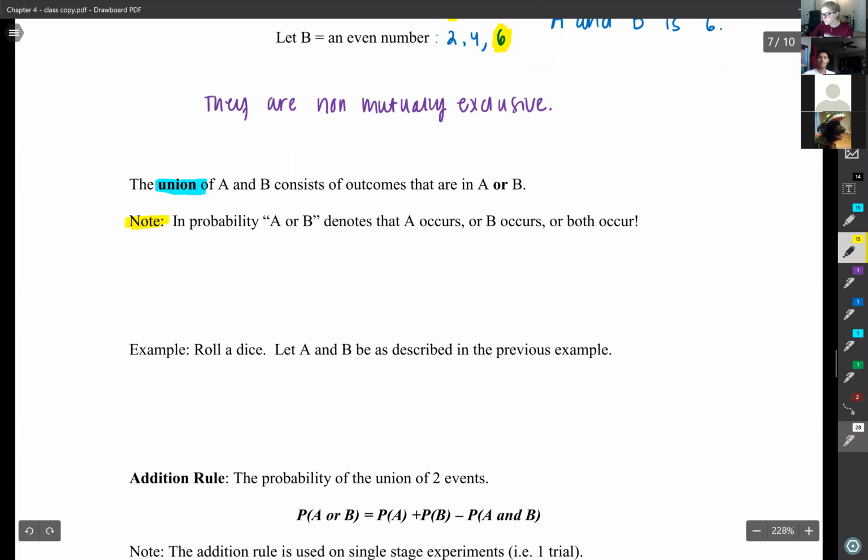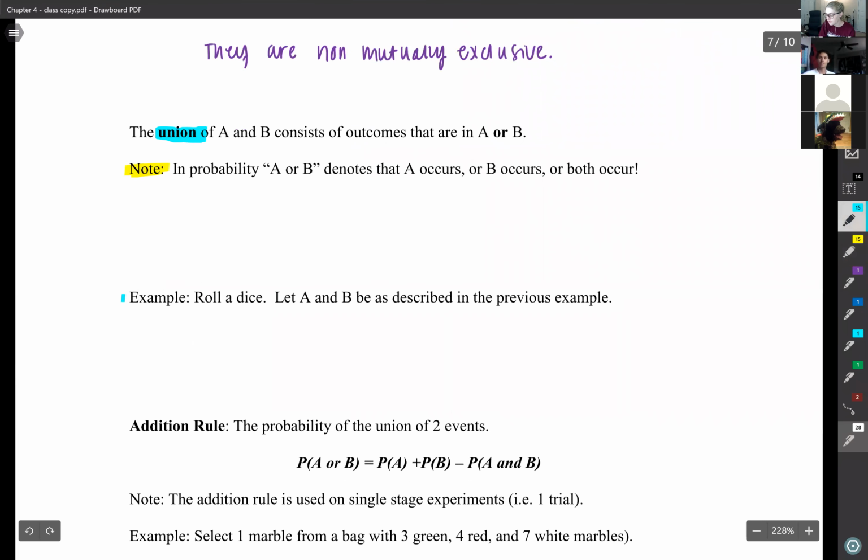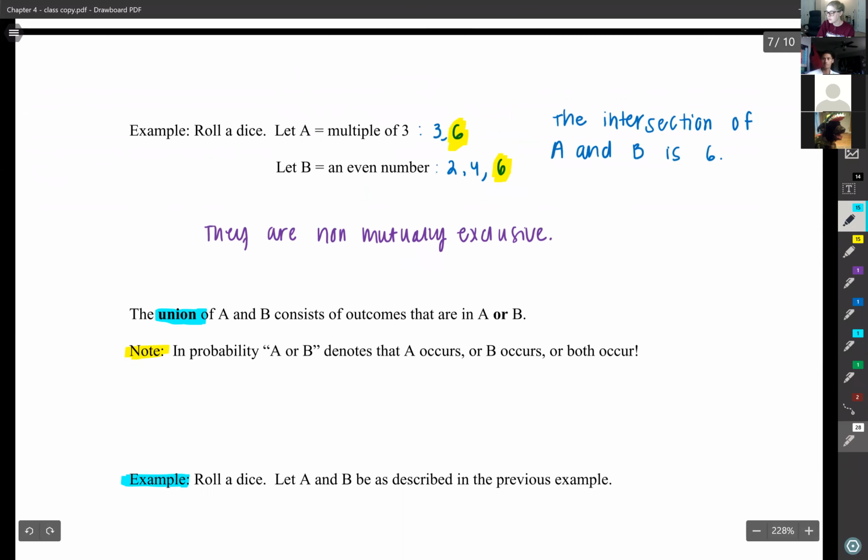Okay, let's look at our example here. It's rolling a die. Let A and B be described as in the previous example. We're going to roll a die, and A is going to be a multiple of 3, and B is going to be an even number.